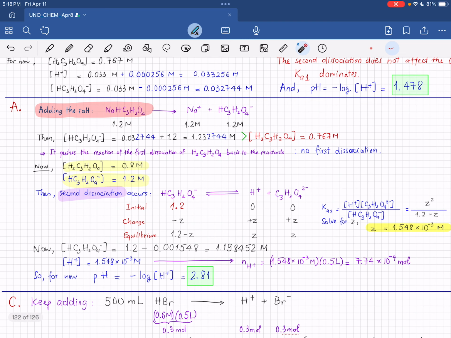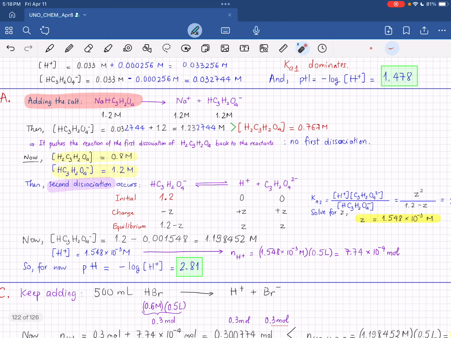Now in the solution we just have a lot of this species. What will it do? It will go through the second dissociation, right? It will dissociate into its conjugate base and release the proton. So that's why we receive an amount of proton, based on the Ka2 constant.